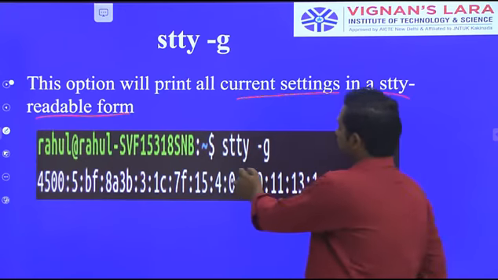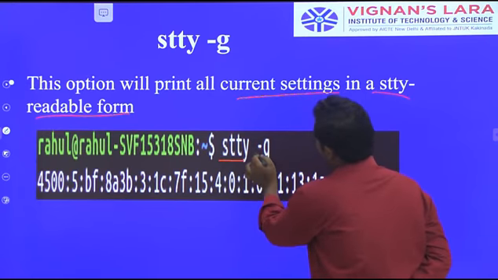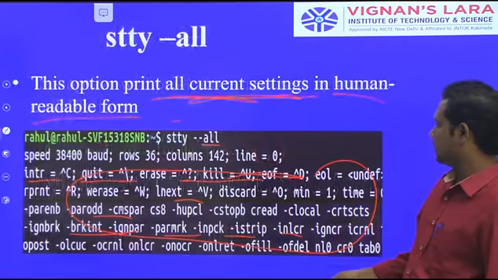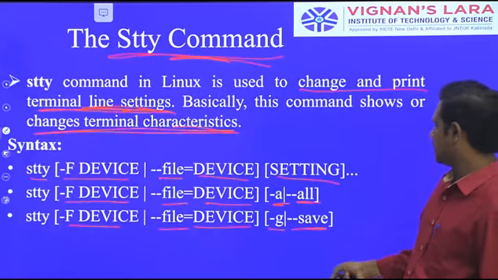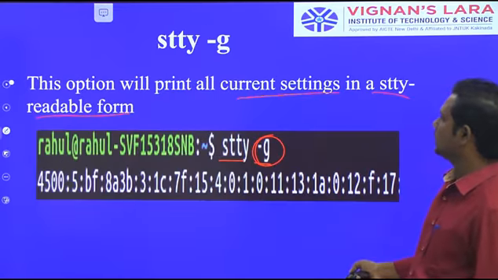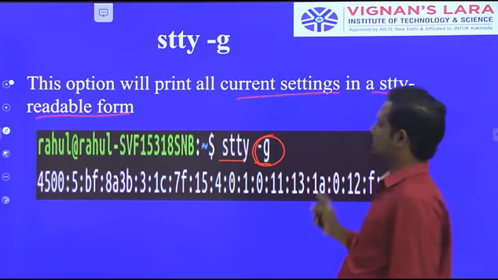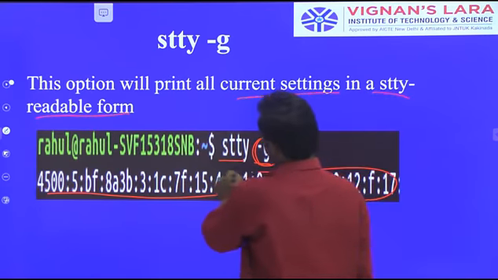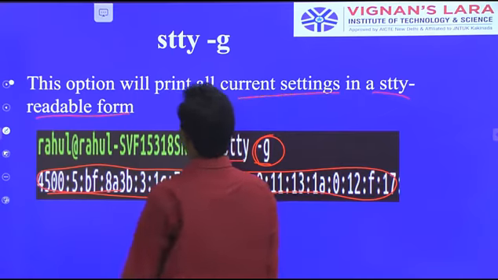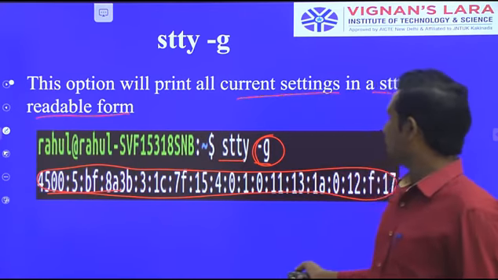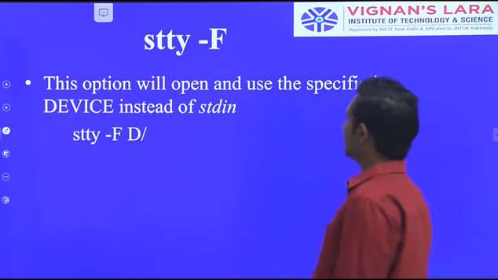STTY option G saves all settings. It is displayed as a single line, and all the settings will be displayed on the screen.